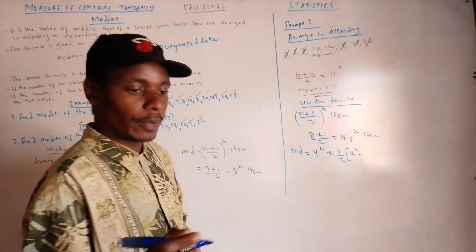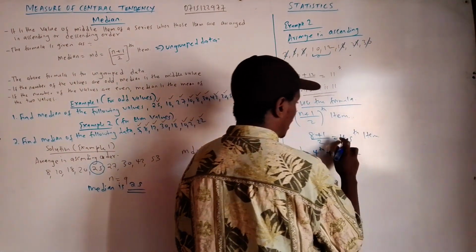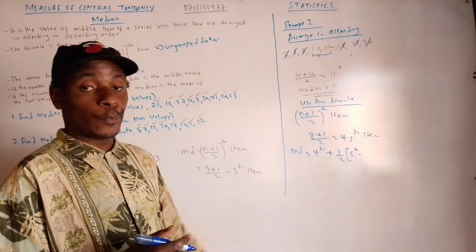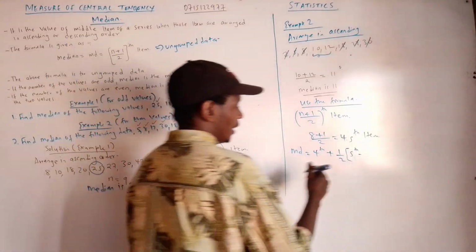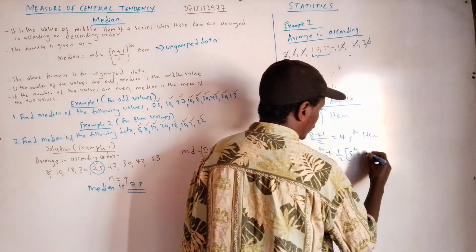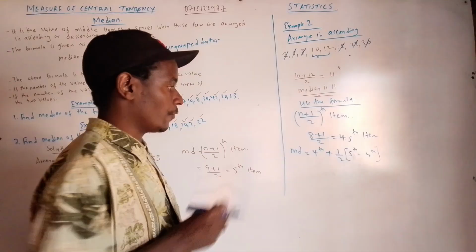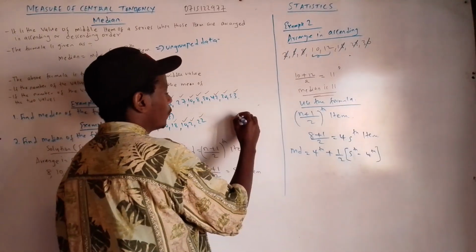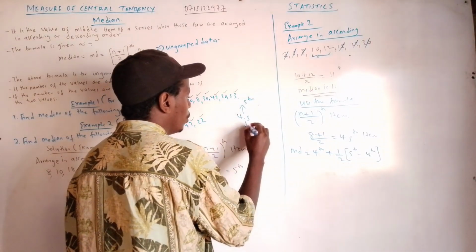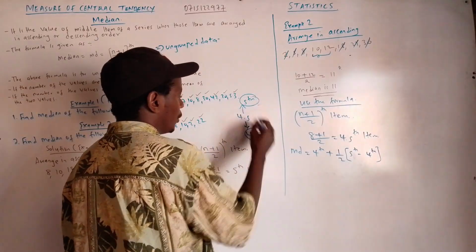The fifth is the number above 4.5, then we subtract the number below 4.5, which is the fourth item. So we take the fifth item and subtract the fourth item.